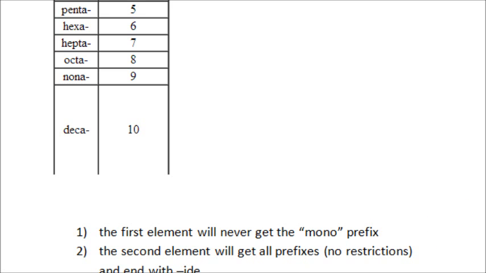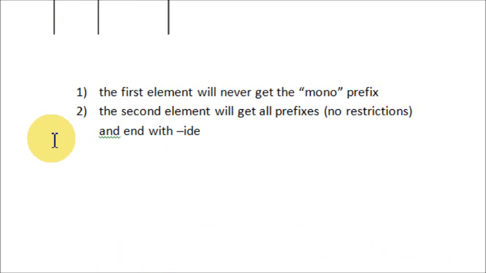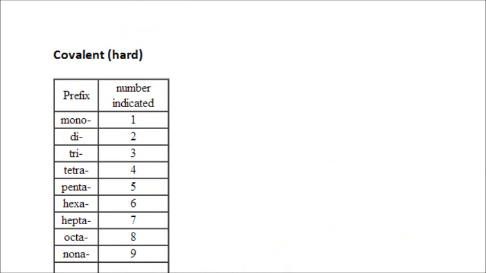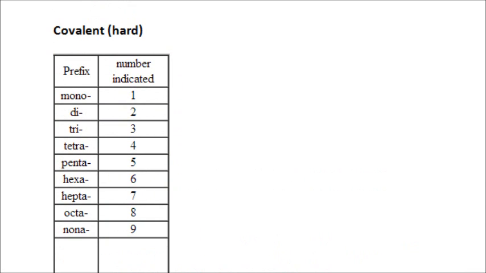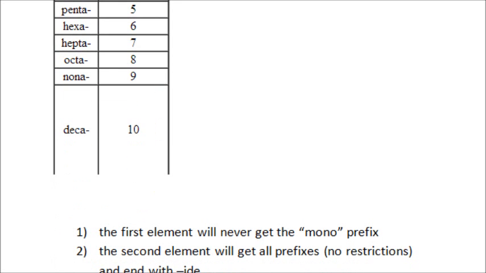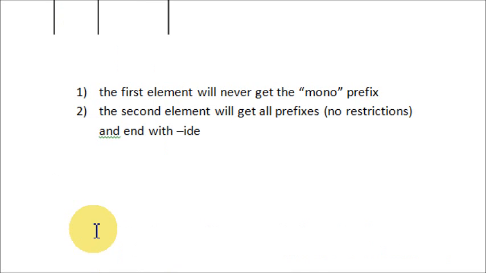There are the rules, and there's the table. Basically, you add the prefix to both elements, and then you change the second element's name to an "ide." If that makes sense, I'll just do some examples.